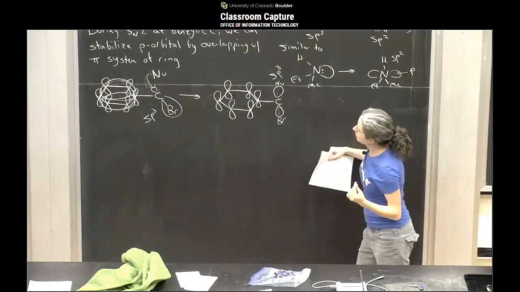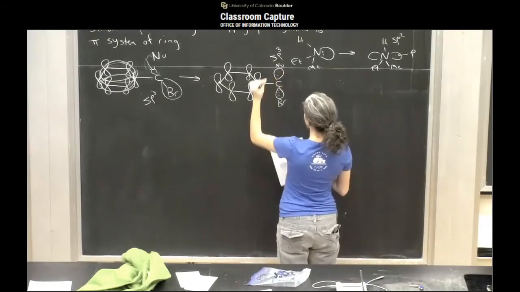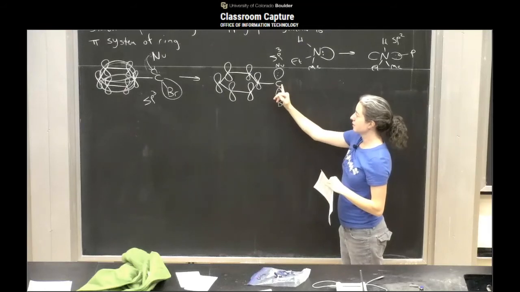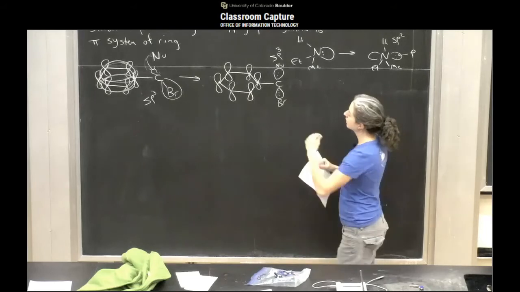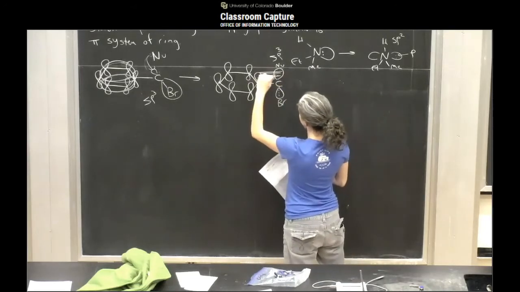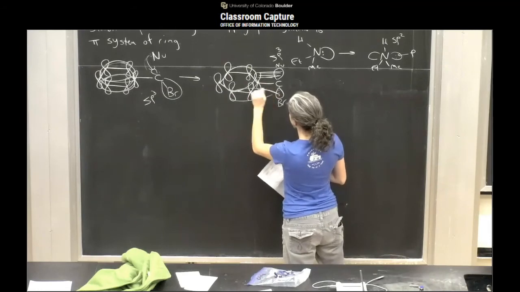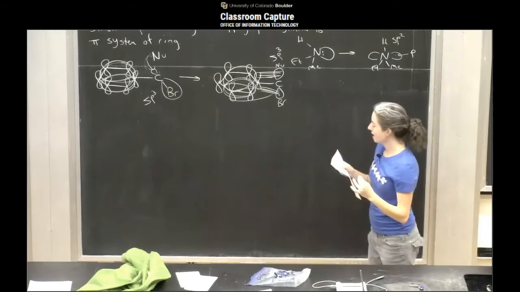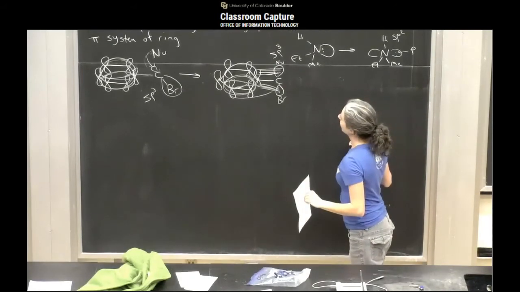And it turns out, even though it's not officially part of the pi system of the ring, so long as it's oriented the same, so if it happens to be lined up so that it's vertical, the same as all the p orbitals on the ring, the way I've got it drawn, you can actually get some stabilization. Okay, that's a mess, but it looks better in the notes when I drew it in ChemDraw.